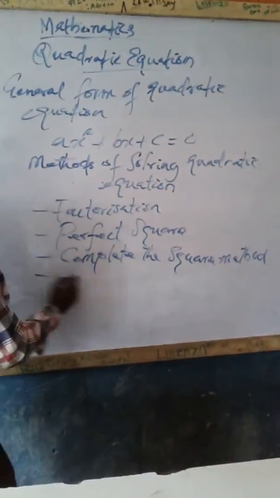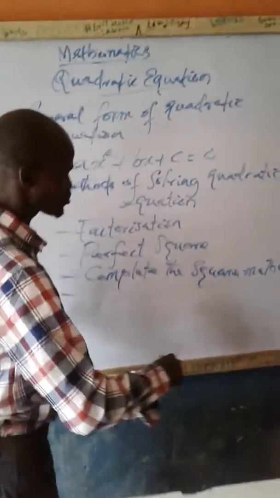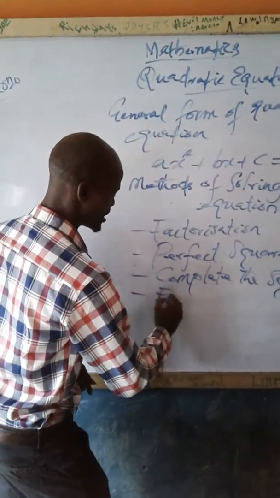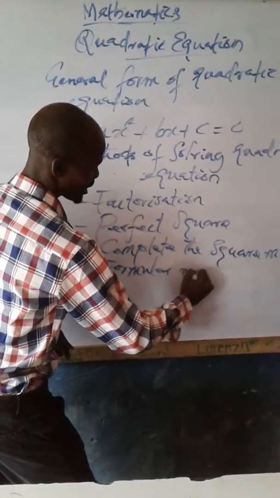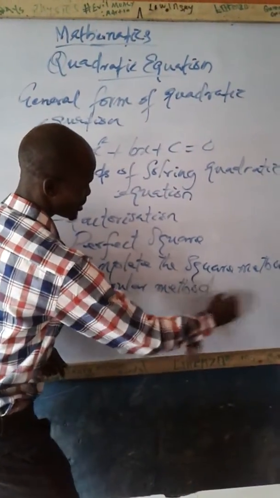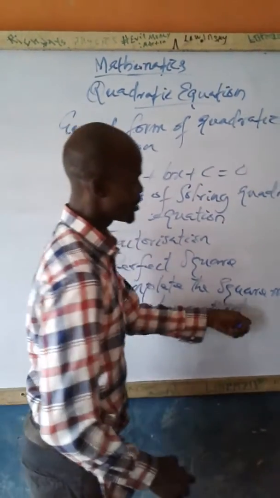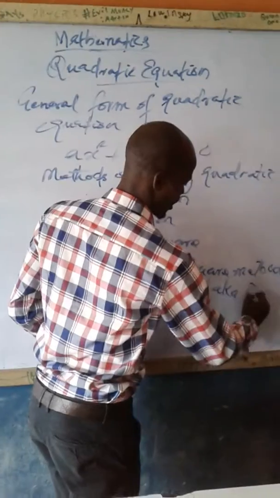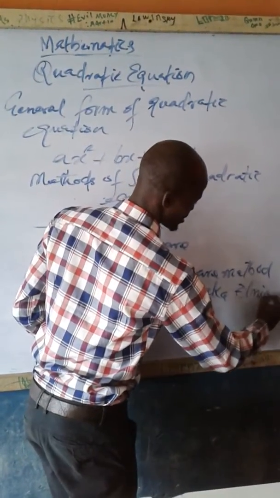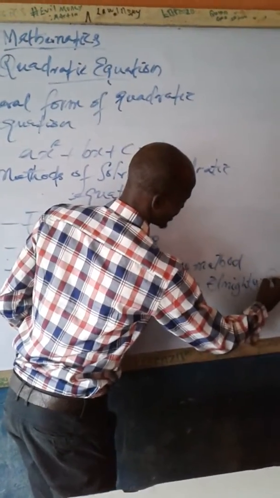And this third one will lead us to the fourth one, which is the formula method, which we'll call aka almighty formula.